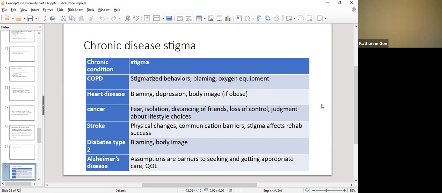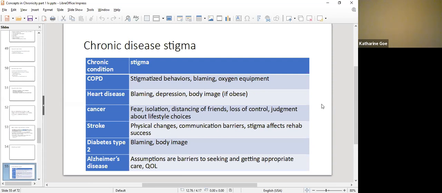In heart disease, again, there's often blaming because people are thought to be lazy or have poor diet control, poor self-control. Quite often, depression and body image are affected by stigma. In cancer, fear, isolation, and a distancing of friends quite often occurs with this condition. A lot of times people will experience a loss of control and judgment about lifestyle choices.